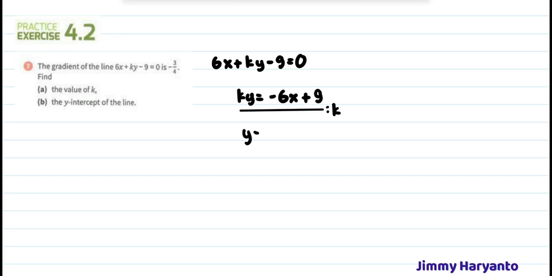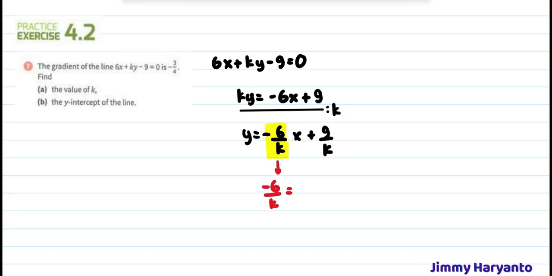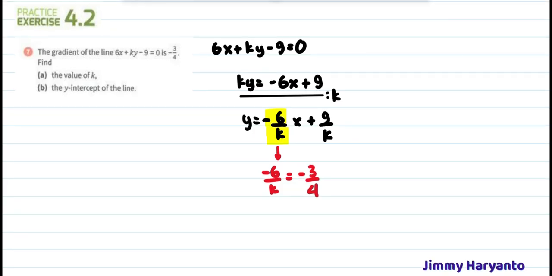So you'll have y equals negative 6 over k x plus 9 over k. And as you can see, this one is the gradient and the value of the gradient is negative 3 over 4, the question said. And then we only have to cross multiply like that. So we'll have negative 3k equals negative 24, k equals 8. So this is the value of k.